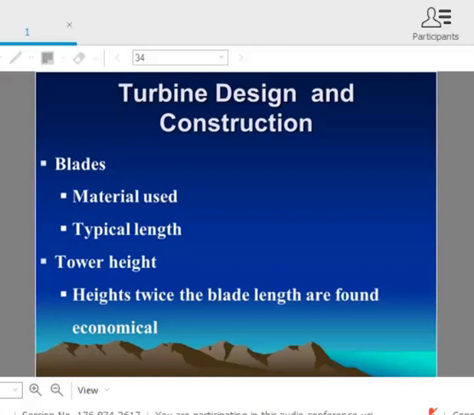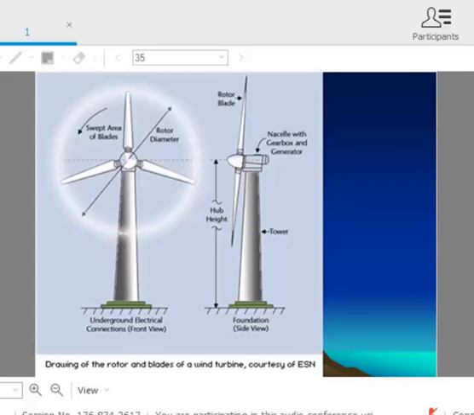Turbine design, construction, blades, material used, typical length, tower height, so that's also very important. This is the underground electrical connection. This is the knuckle with gearbox and generator, rotor blades.